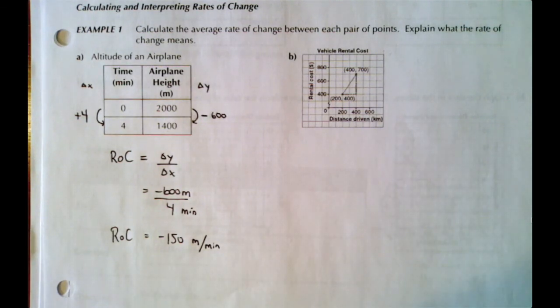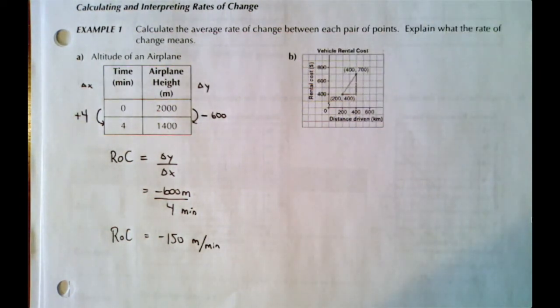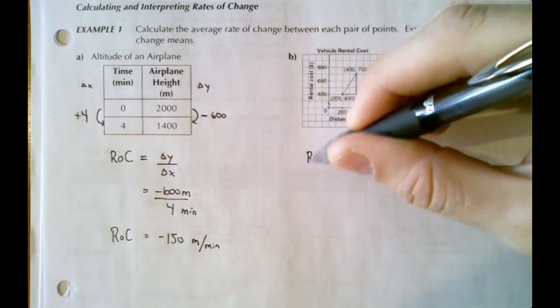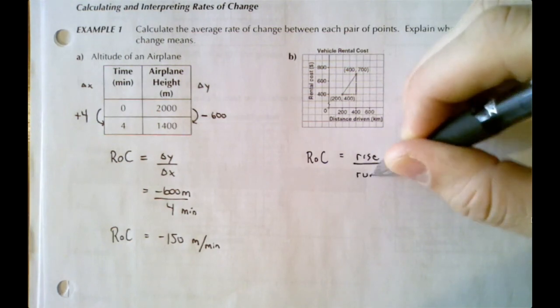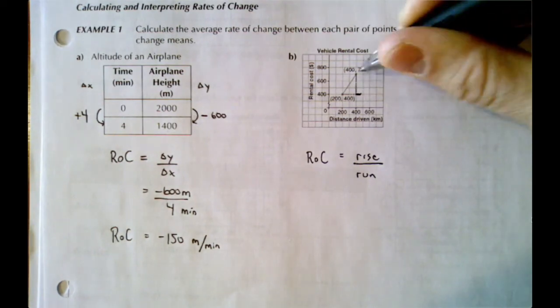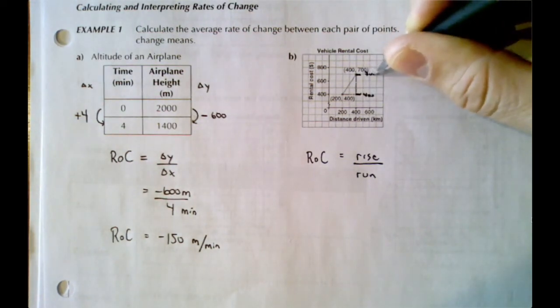Let's try B. Vehicle rental costs. So we got our rental cost and our distance driven. So this time we have a graph. So if we want the rate of change, we're going to have to do rise over run. So what's our rise? Well, we're going from here to here. That's 400 and that's 700.